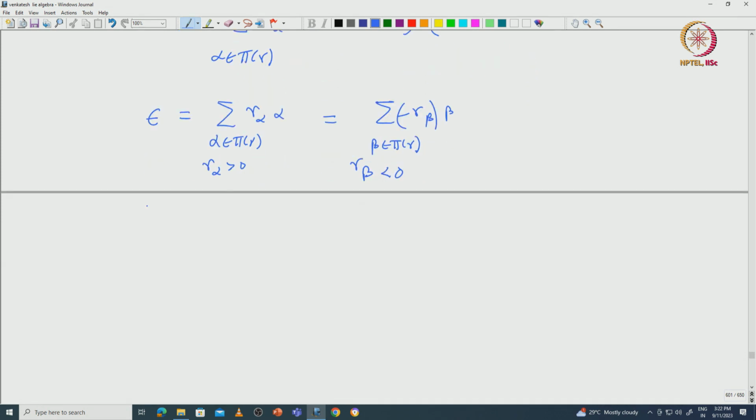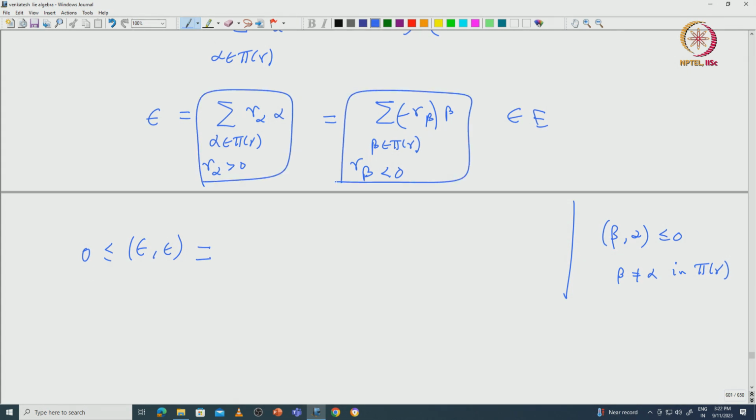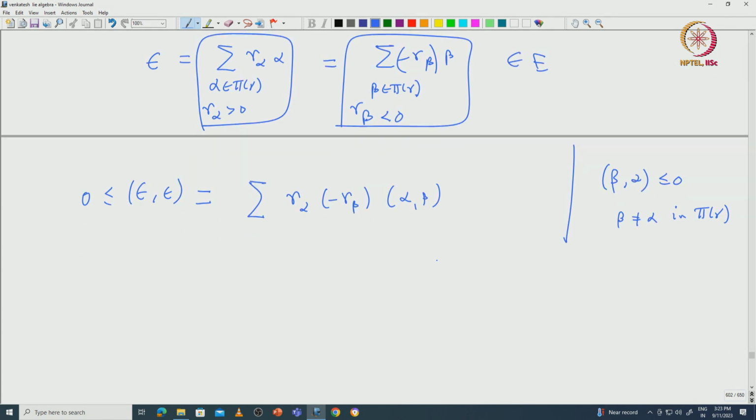Now look at this epsilon. What happens if you compute the inner product of epsilon with epsilon? This must be greater than or equal to 0, as epsilon is an element of the Euclidean space E. Since the inner product of beta and alpha is always non-positive for all beta not equal to alpha coming from pi of gamma, this is equal to the summation of r alpha times minus r beta times the inner product of alpha and beta, where alpha and beta come from two disjoint sets.